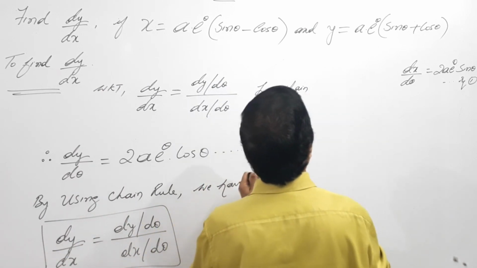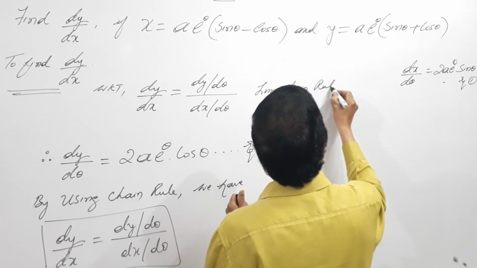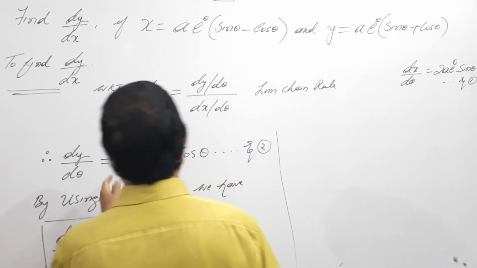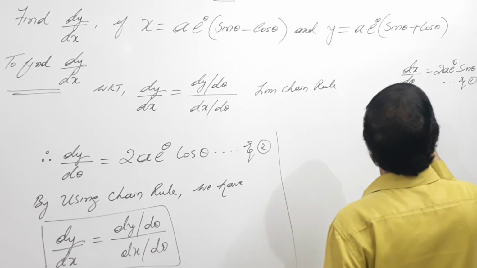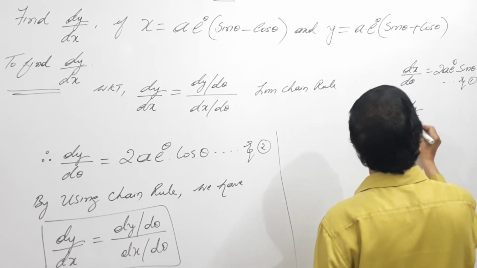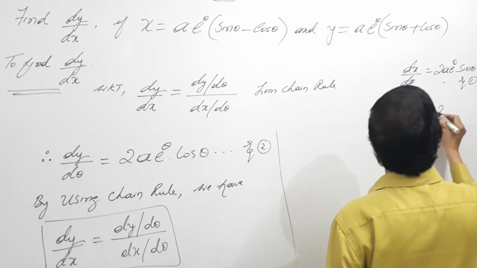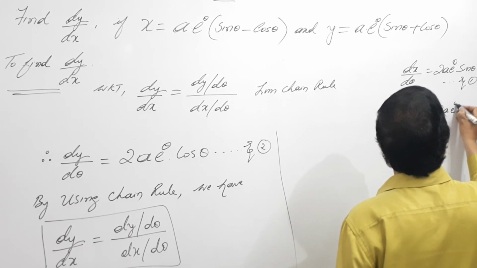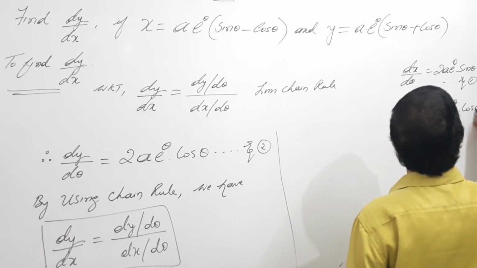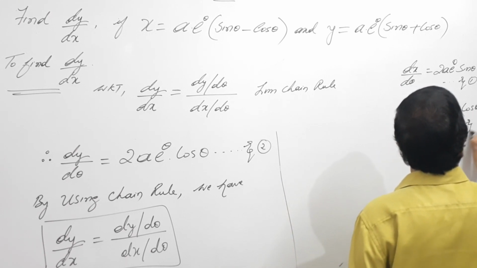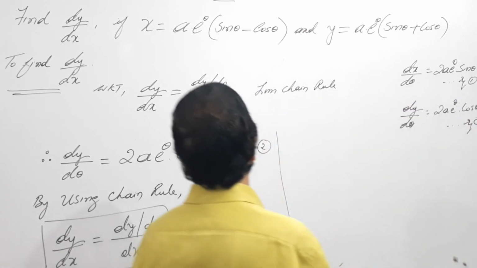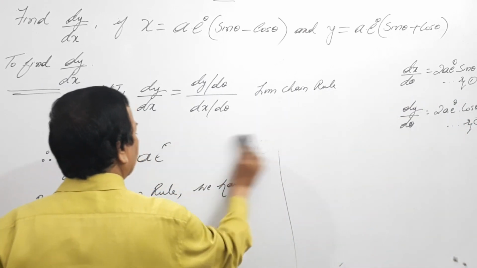This is not looking nice, so I will copy this. Dy by d theta is 2ae to the power of theta into cos theta, that is equation 2. So I will rub this.